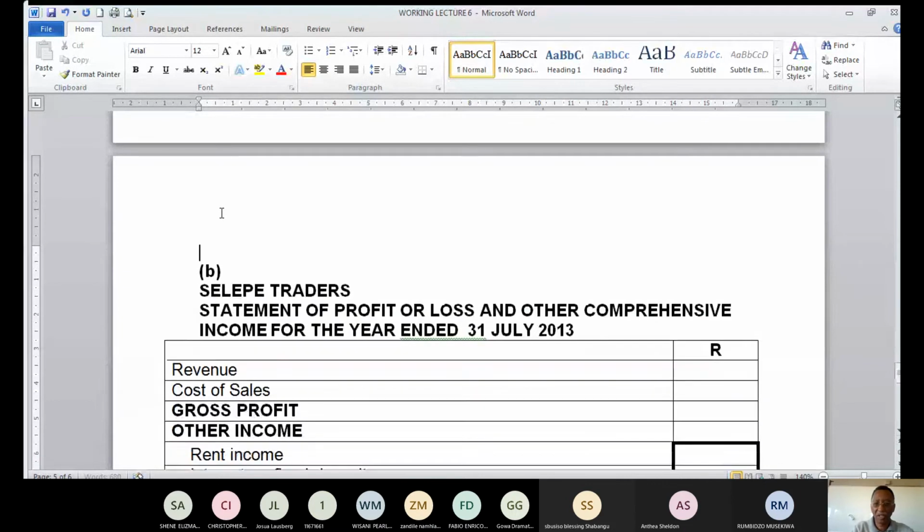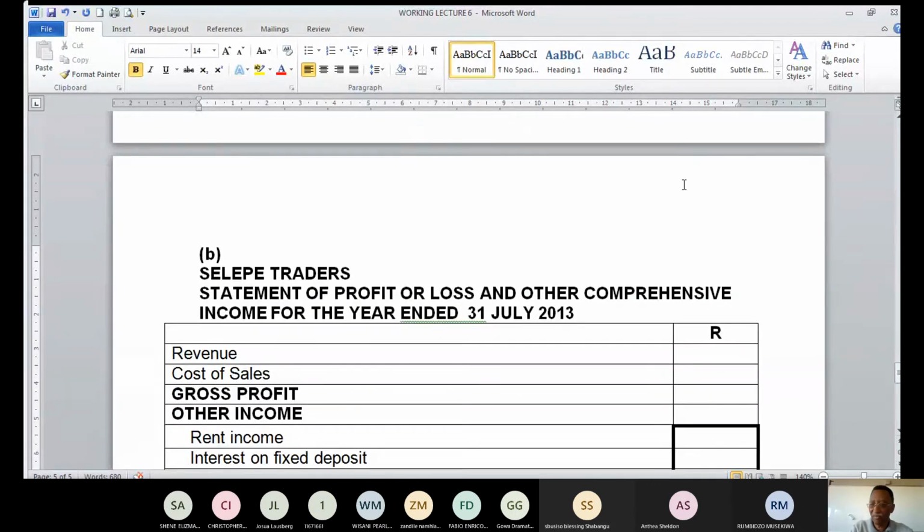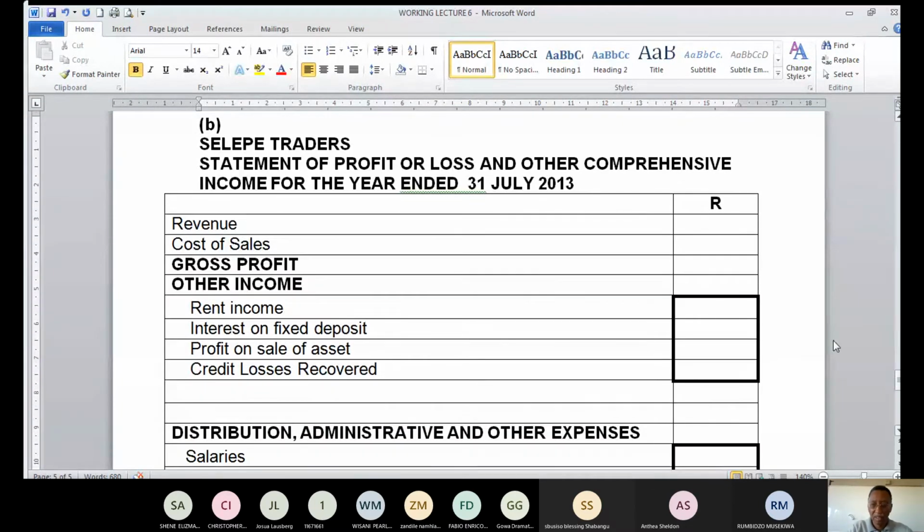The statement of profit and loss and other comprehensive income for the year ended the 31st of July 2013. Our revenue amount. Revenue is the sales amount, but we are looking for the net sales. Go to your trial balance now and get the amount of net sales now.